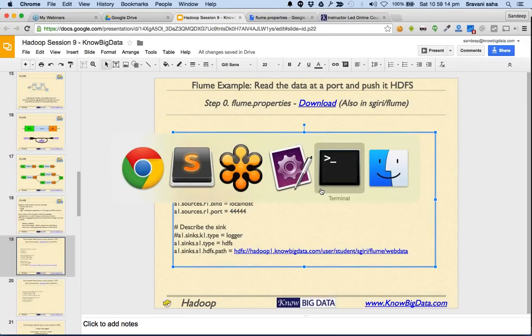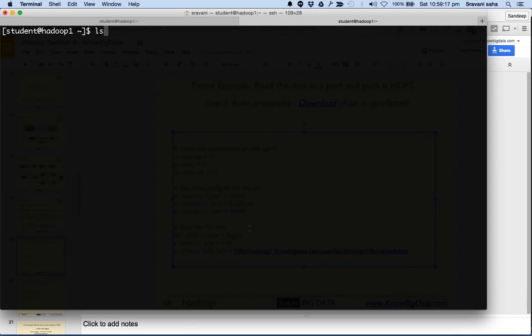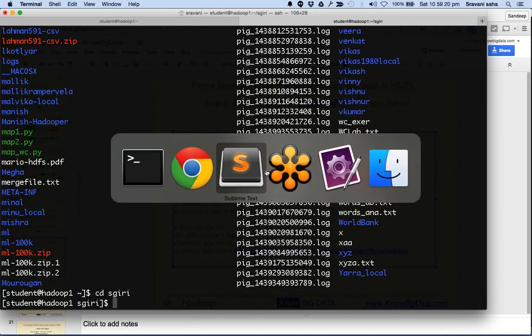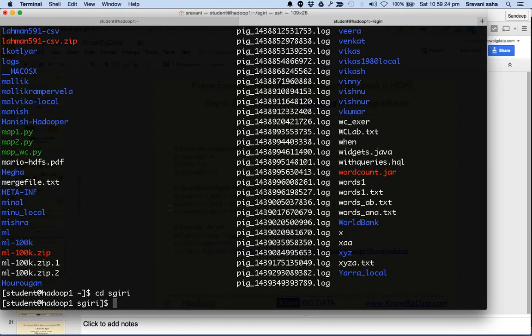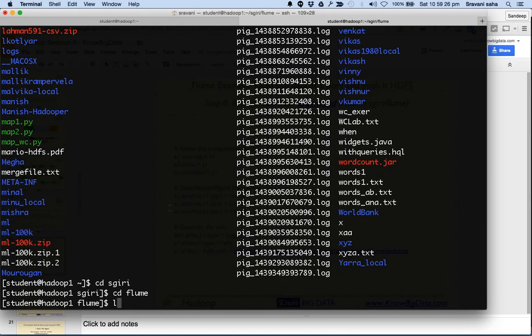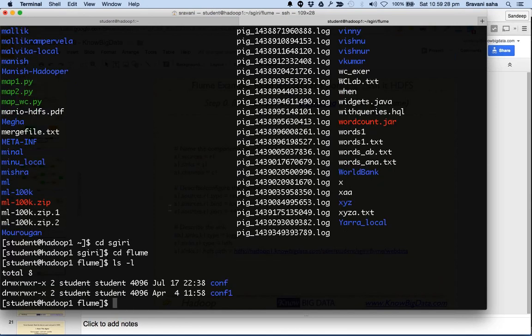All right, let me also go to the terminal. Here it is available in Flume. The description of the agent, its composition, who it connects to, what its sources are, all of it is inside this config file, and when we launch the Flume agent, we will specify this configuration file and launch the agent.